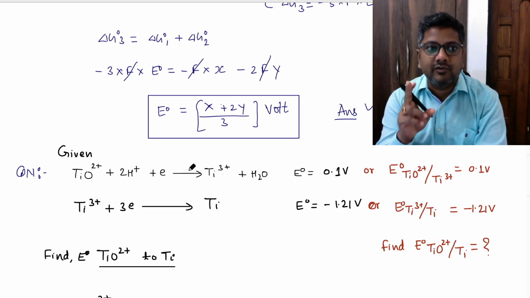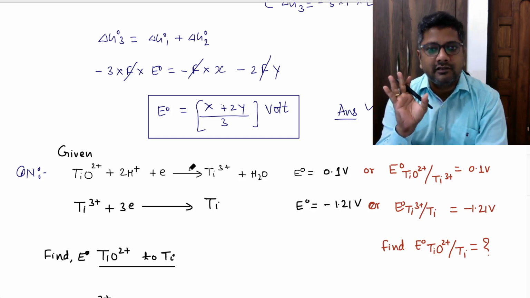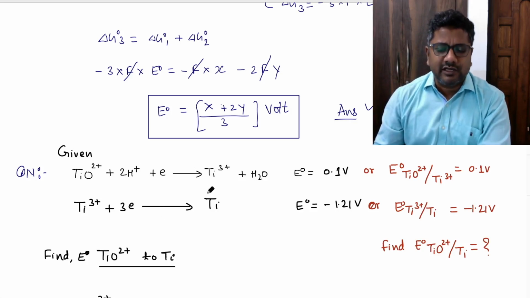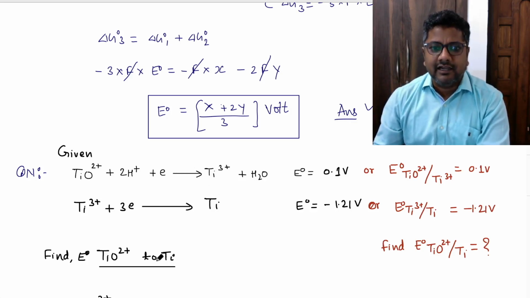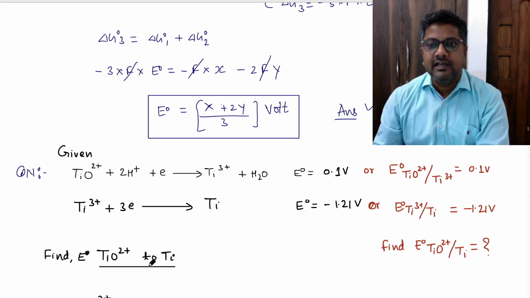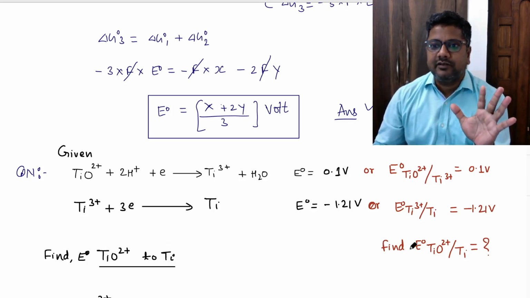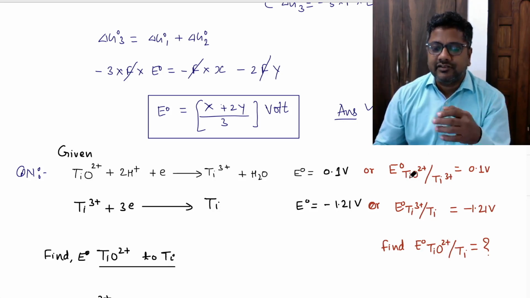Without balancing, if you are doing anything, you will be in trouble. Here the equation is given, so you can directly add to get the equation, but sometimes the examiner may give you this type of data and ask to find this. So there is no way to directly find this E naught value for this couple without writing the equation and balancing it.